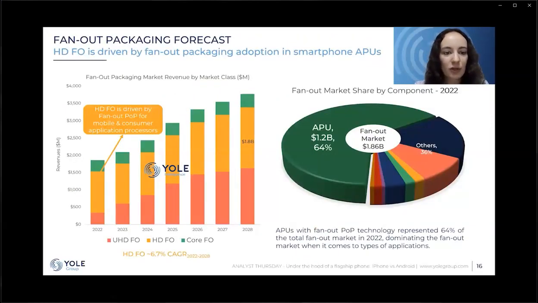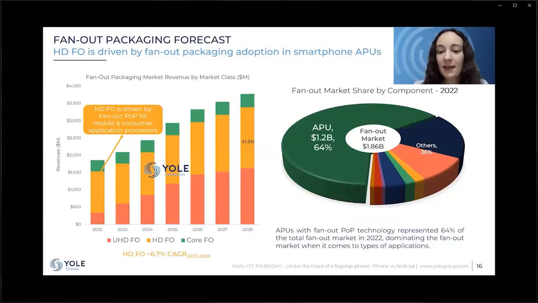Now here I'm showing you the fan-out market divided by the three main market classes: core fan-out, high density fan-out, and ultra high density fan-out. In this case, I'm focusing on high density fan-out because this market is completely dominated by smartphone and other consumer electronics APUs.